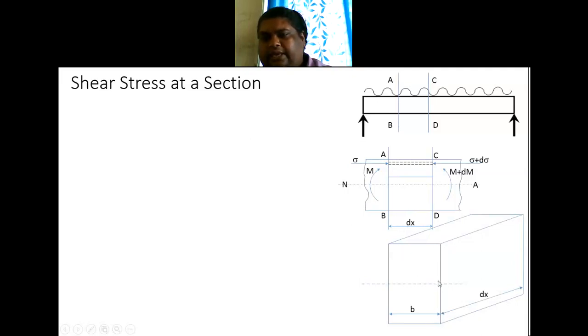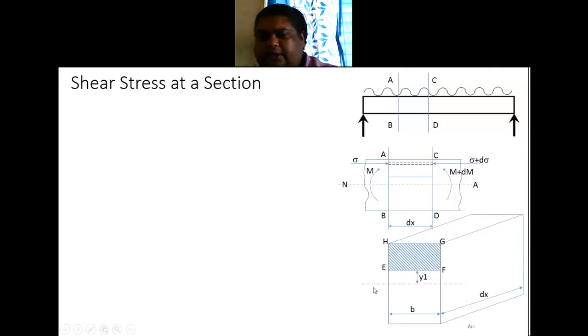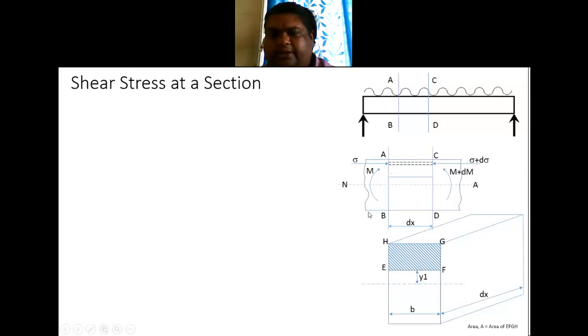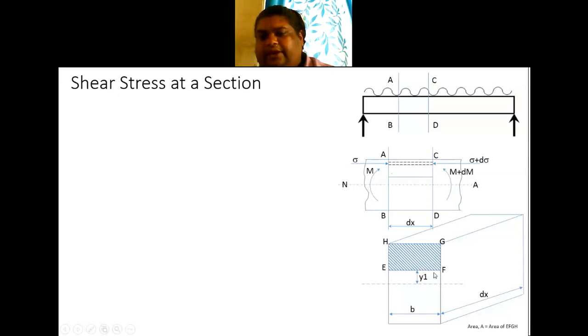So this is A, B, this is C and D, right? I have just cut and rotated it like this. Now here, this is the section I have taken. I missed marking EF there. So this is represented as EFGH. I need to find the shear stress at this section EF.